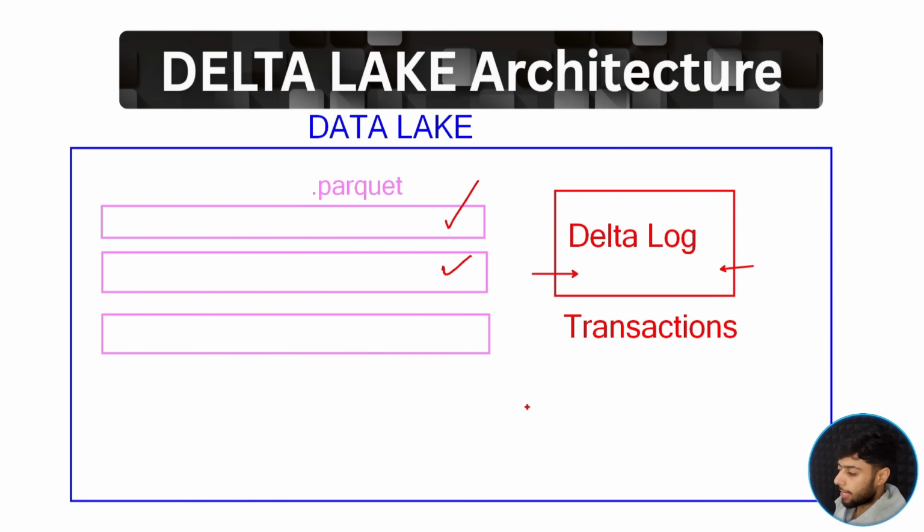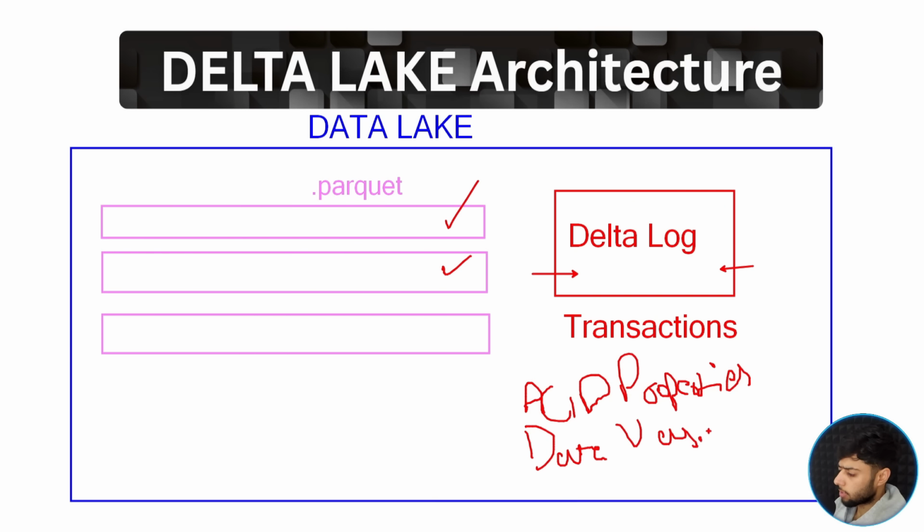This way it enables ACID properties, and on top of it, it enables data versioning. All those things that you compare with SQL Server, it will enable everything with the help of this Delta log, because it keeps track of every single transaction. Make sense? So this is the Delta log.